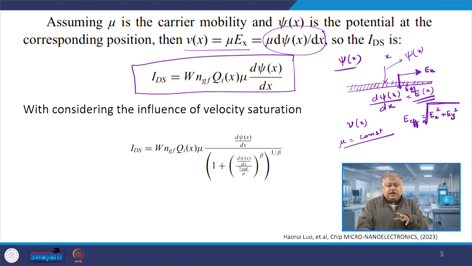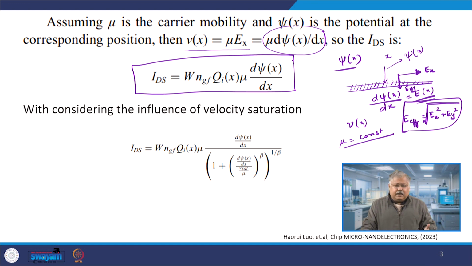So, a charge carrier will actually feel the electric field equal to this value. That will result in the effective electric field. This effective electric field, when multiplied by mobility, gives you the velocity of the charge carriers at that particular point.